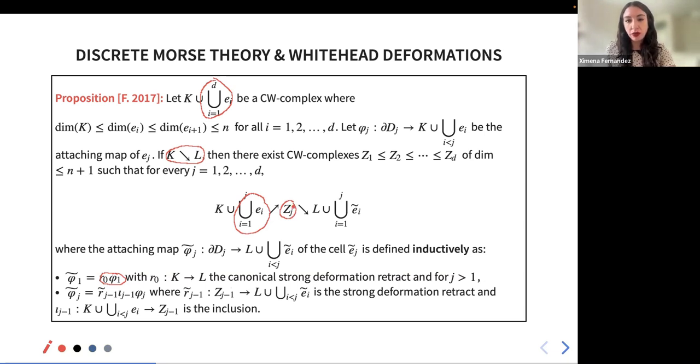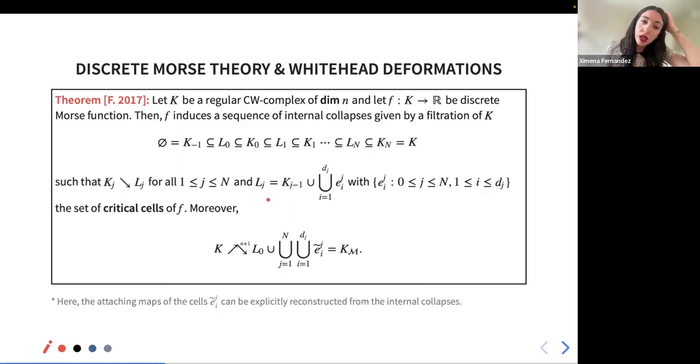Great. So with all these ideas in mind, this is a new statement of the main theorem related to discrete Morse theory. You can have a complex, let's say of dimension n, and you have a discrete Morse function. Then you have this sequence of sublevel complexes, and you have two different situations.